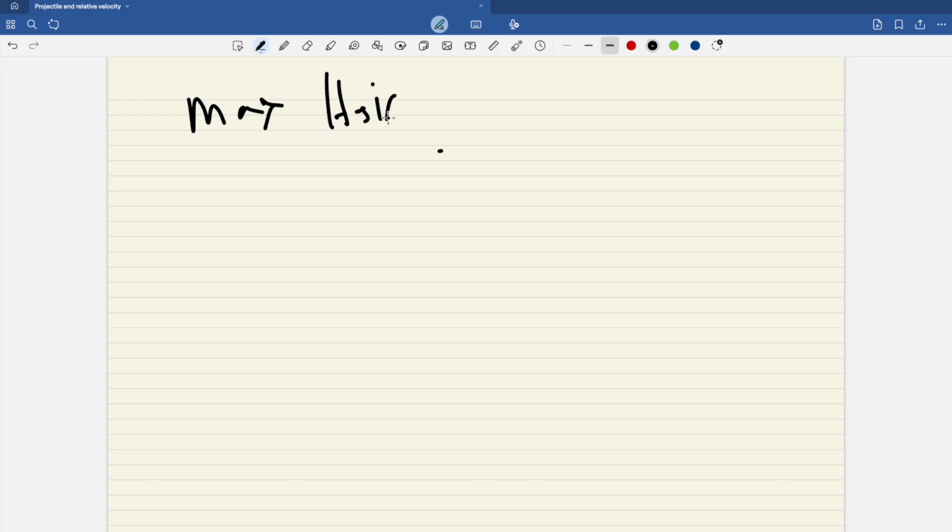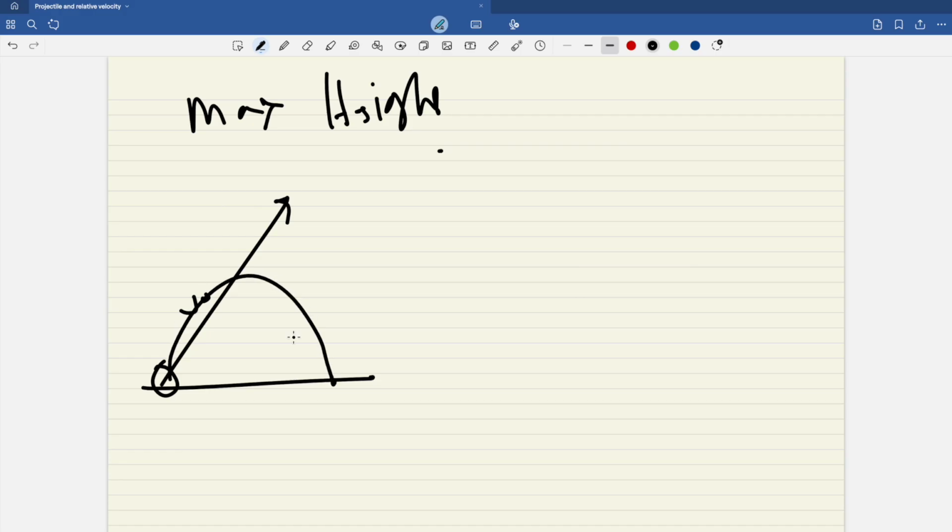Maximum height. At this point is the maximum point, and this height is considered as the maximum height of a projectile motion.